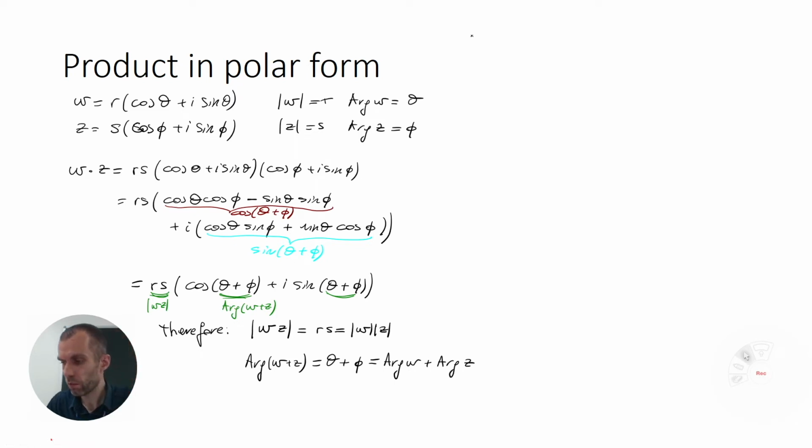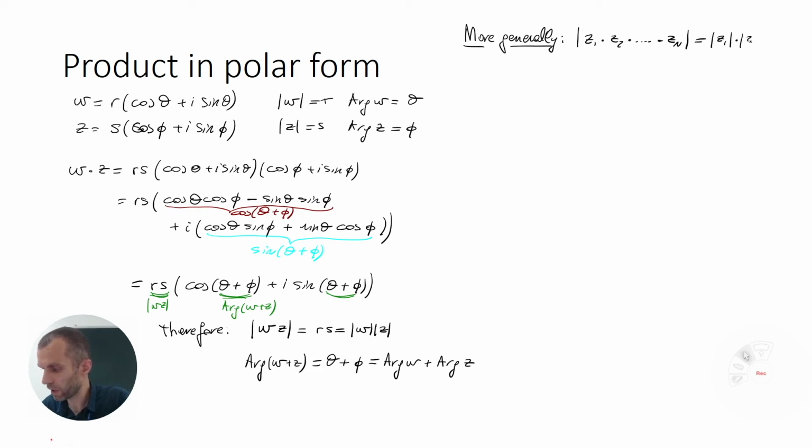And now there's a more general expression for this. If we multiply n things together, so more than 2, so if we take the modulus of Z1 times Z2 times ... Zn, that is the same thing as taking the product of the moduli, so Z1 times Z2 times ... Zn, and the argument of Z1 times Z2 times ... Zn, that is equal to the argument of Z1 plus the argument of Z2 plus ... plus the argument of Zn.